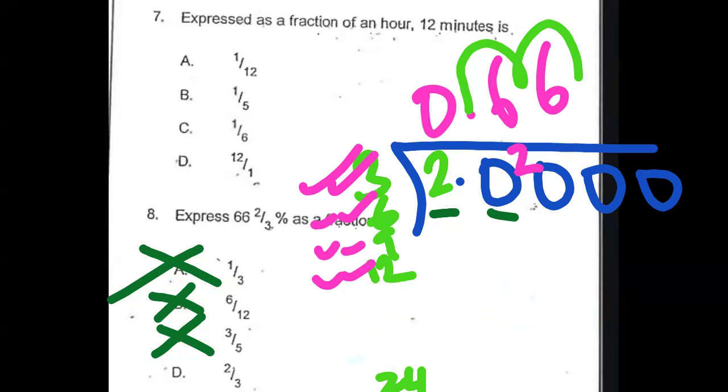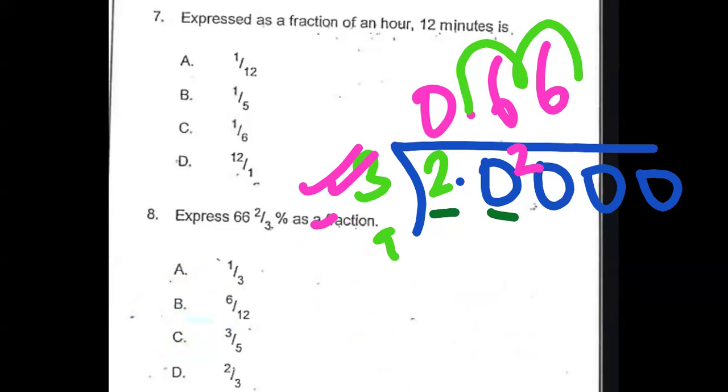All right, so let me go back to number 7 now. For number 7, we have 12 divided by 60. Now, the thing that I enjoy about reducing fractions is that when you know your prime numbers, it's very easy to figure out what's what, right? So watch this now.